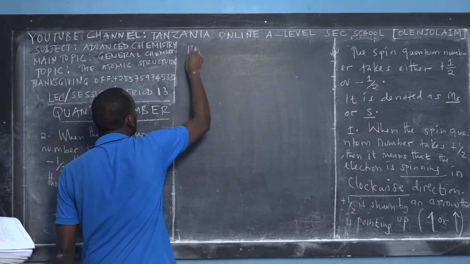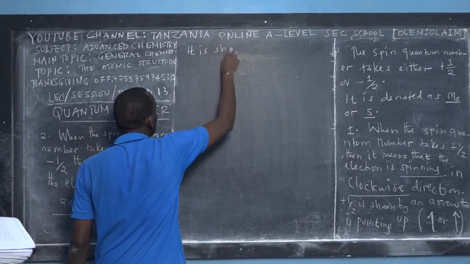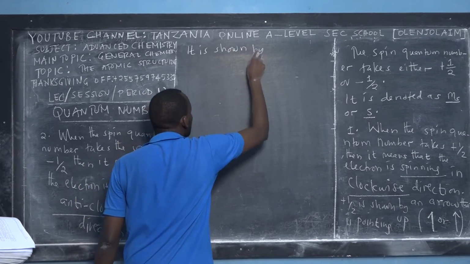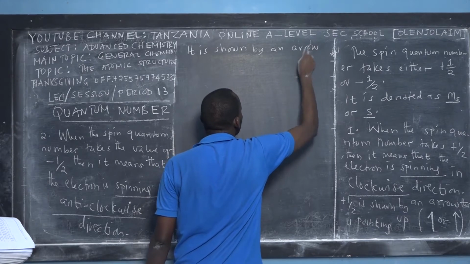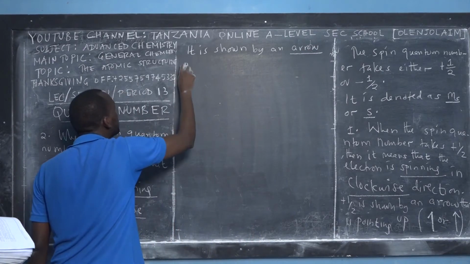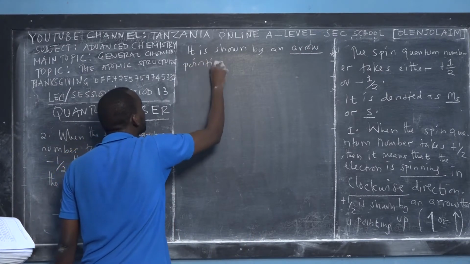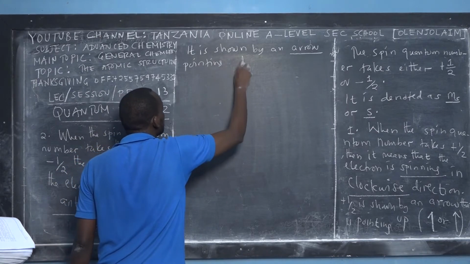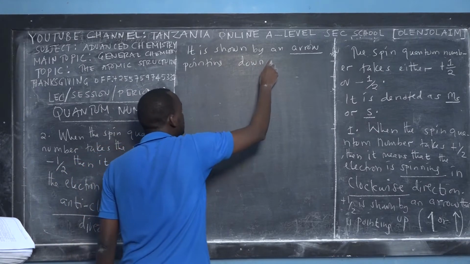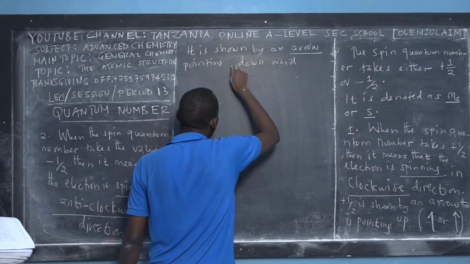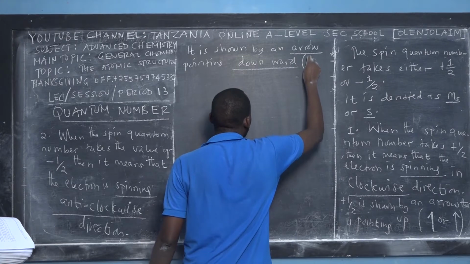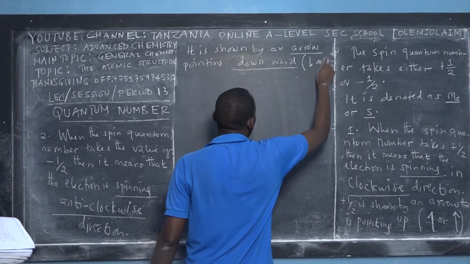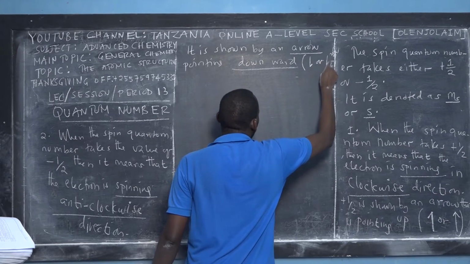So it is shown by an arrow pointing downward. It will be a half arrow, which is like this, or a full arrow like this, but pointing downward.